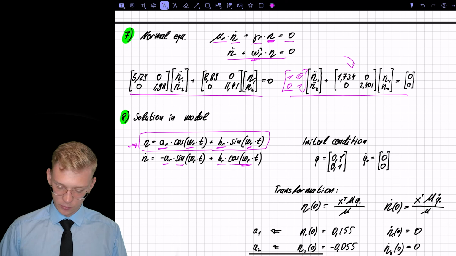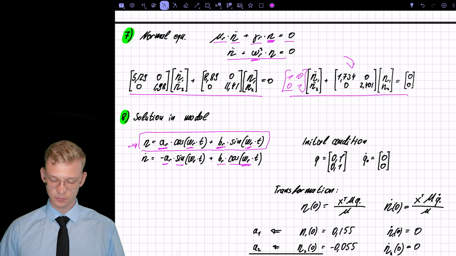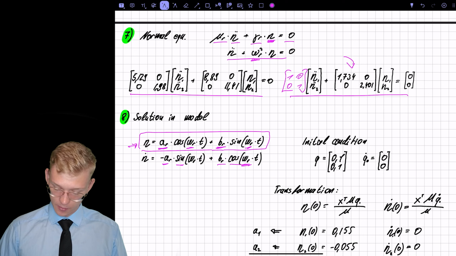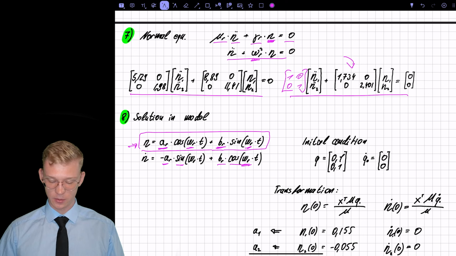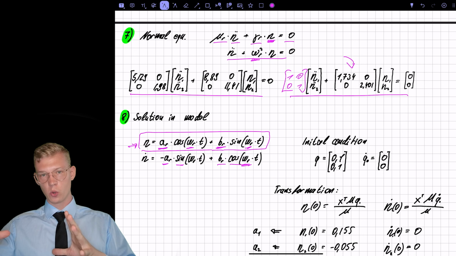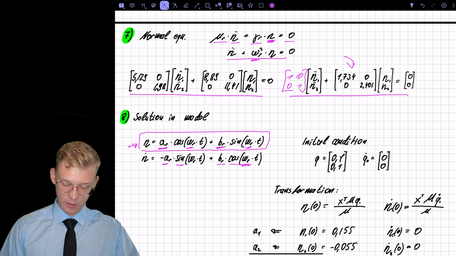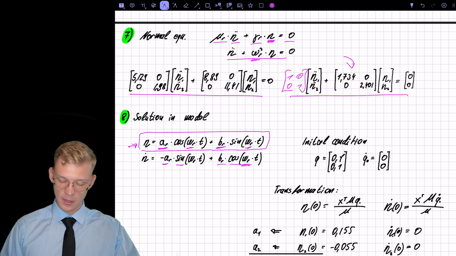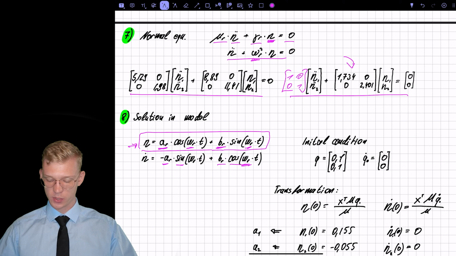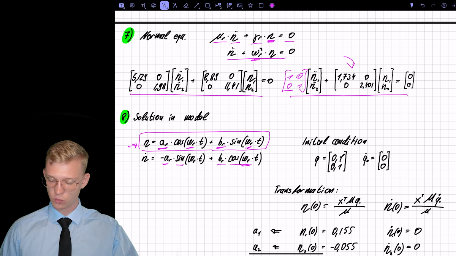So now we are left with these two expressions for eta 1 and eta 2. And now we use those to transform them into the physical coordinates, because we know that the physical solution q is a sum of the etas and our eigenmodes. So we have eta 1 times x1 plus eta 2 times x2.